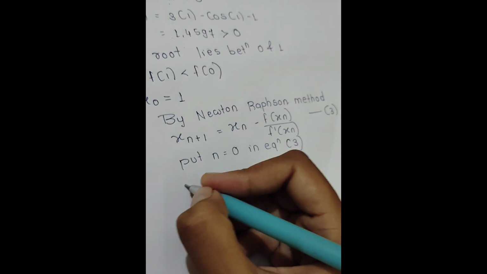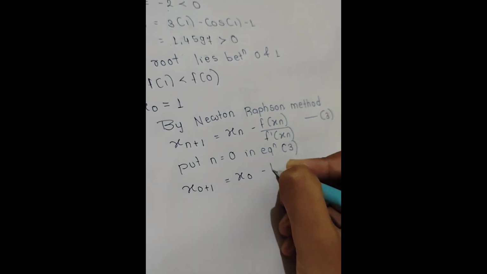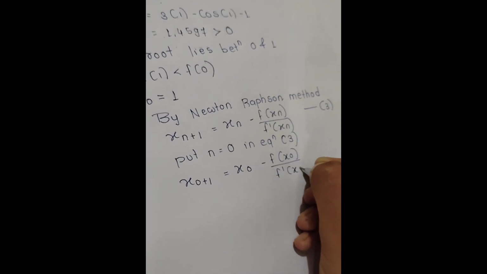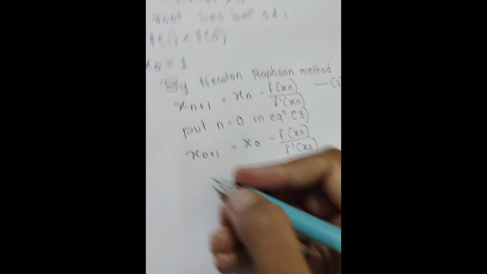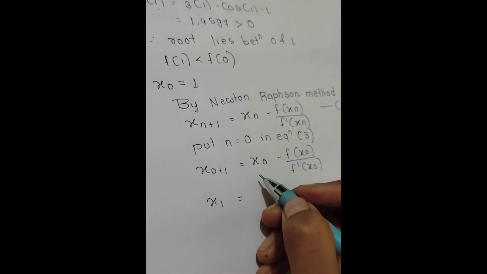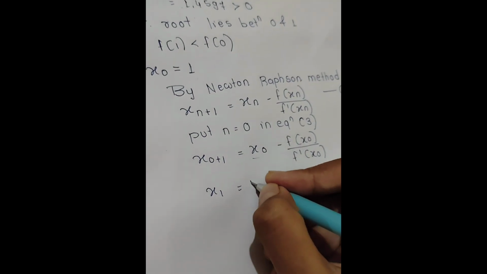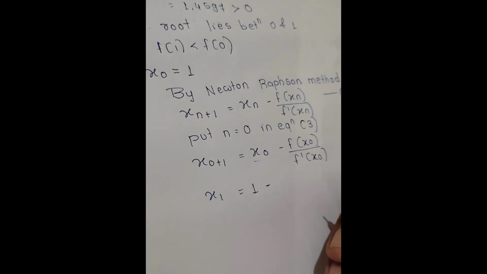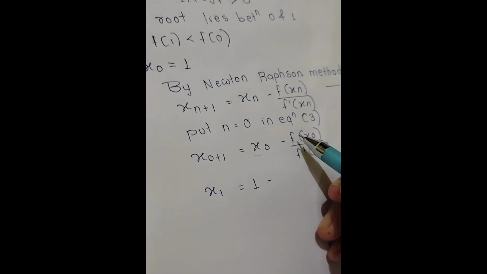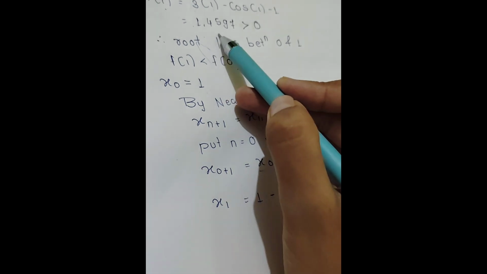So it becomes x_1 = x_0 - f(x_0) / f'(x_0). Here we get x1, and we already found the value of x0, which is 1, and f(1) is 1.4597.